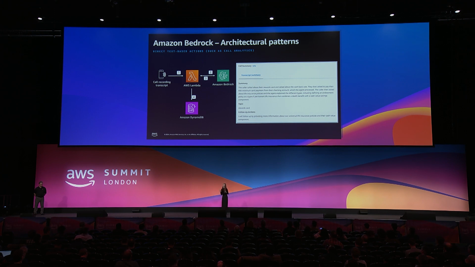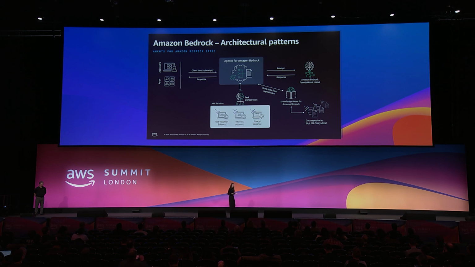We're going to receive a response from that foundation model, and we're going to then pick up that response and merge it into our call analytics data structure. And we could potentially persist it into a backing store, such as DynamoDB. And the key benefits of this pattern are going to be the faster route to market and the faster time to impact.